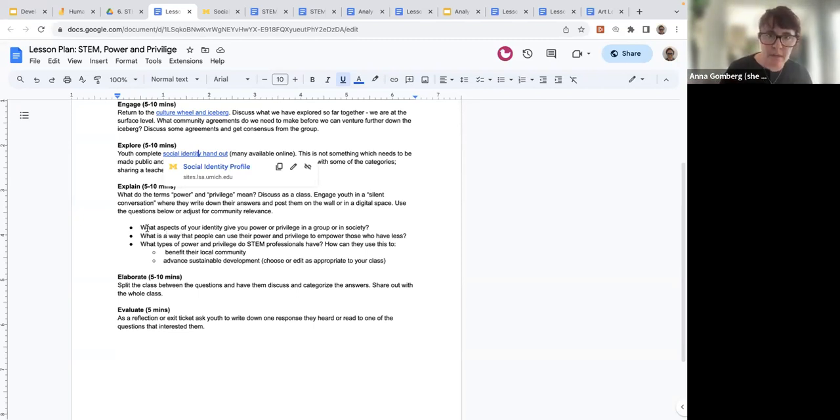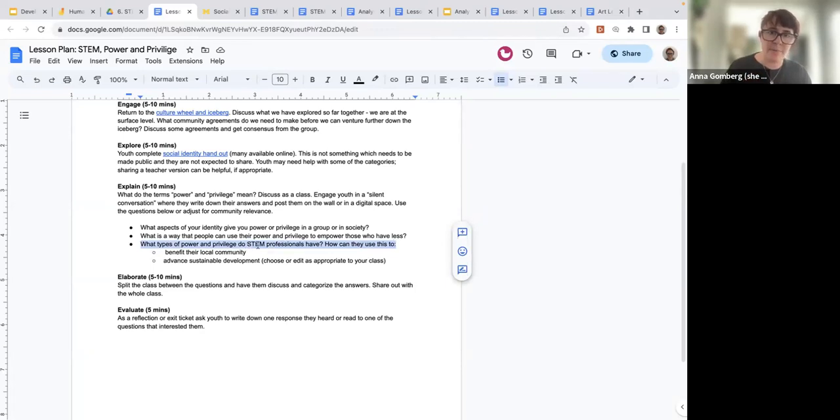So these first two questions are a bit more general about identity and power and privilege, and then how to use power and privilege in a positive way. And then this one is more specific. If you're doing it in a STEM lesson sequence like this, it makes sense.